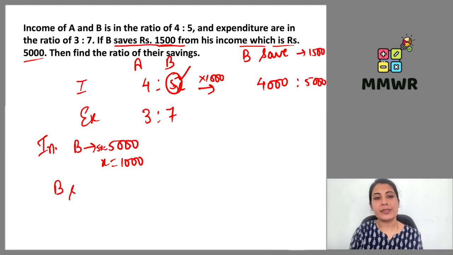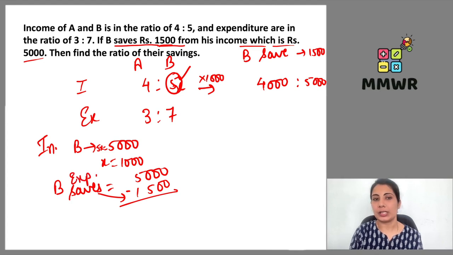If B saves 1500 out of 5000, how much money has been spent by B? Expenditure for B we are calculating, not saving. This is the saving given to us. So 3500 is going to be his expenditure.